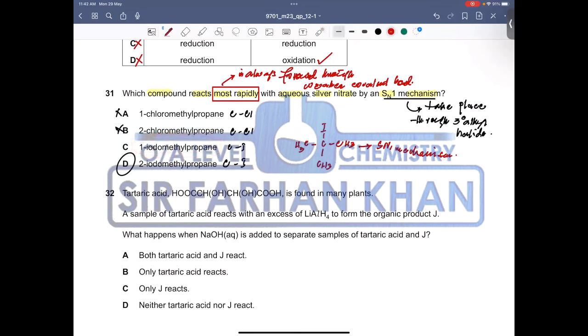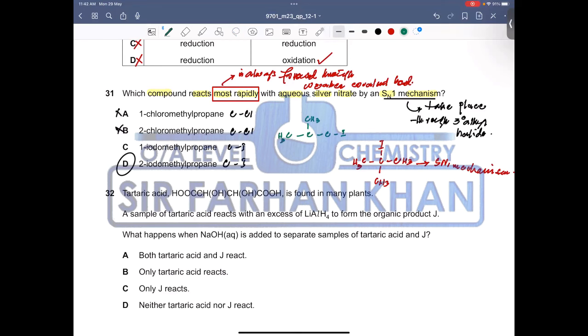Guys, 1-iodo-2-methylpropane is basically your primary alkyl halide. Let's make its structure. 1, 2, 3. 1-iodo means iodine is attached to the first carbon. Methylpropane means the second carbon has a methyl group.